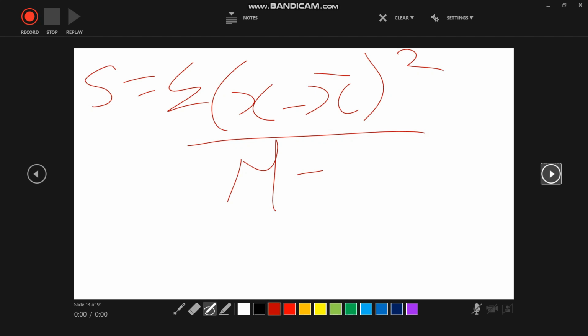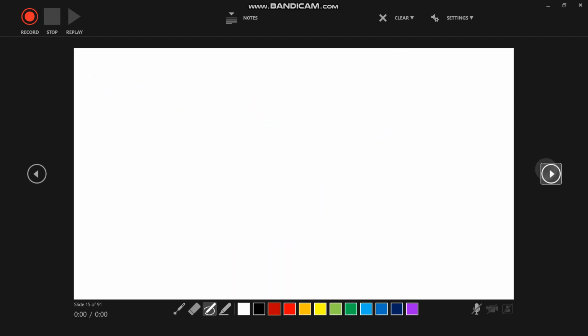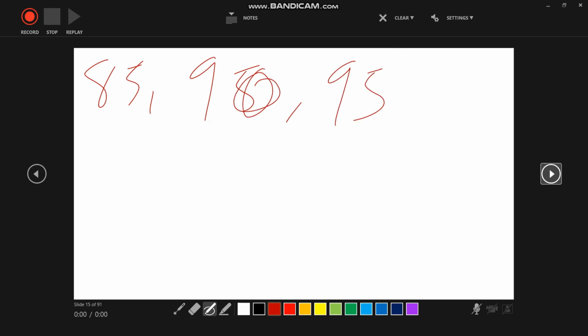N minus 1. Our n is 3, so n minus 1 will be 2. Now our data is 85, 90, 95. So these are our x1, x2, x3.